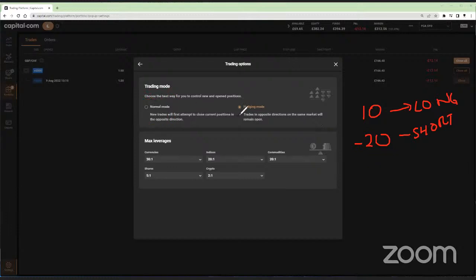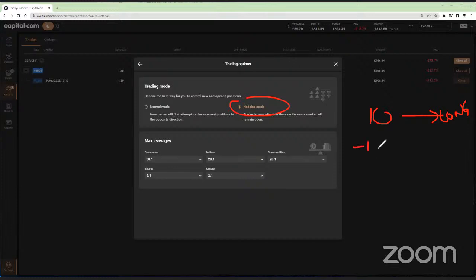Okay, now let's go to the hedging mode. With the hedging mode, let's say I've got 10 trades going long. If it's going against me, let's say I'm down by $2, for example, I could decide to go short. That means my loss is limited to that amount, which is $2.